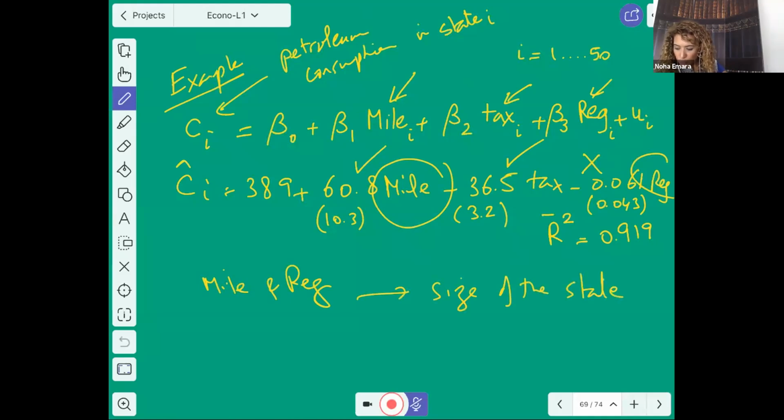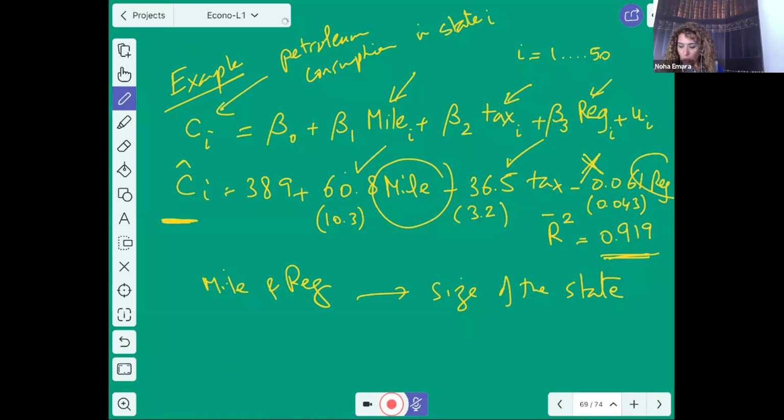So how can I move forward with this model? Why do I have this variable insignificant, while I do have these two significant and a high R square? What you can detect from the model is that the higher the motor vehicle registration, the higher the consumption of petroleum in a certain state.